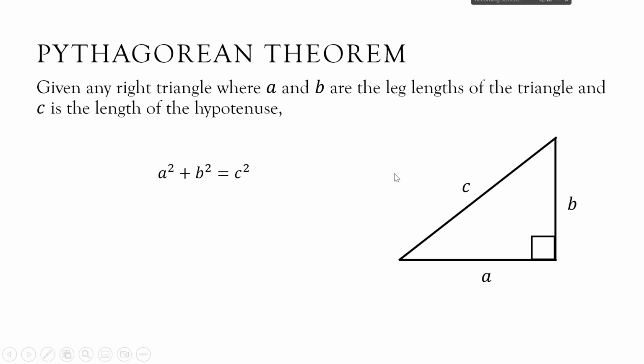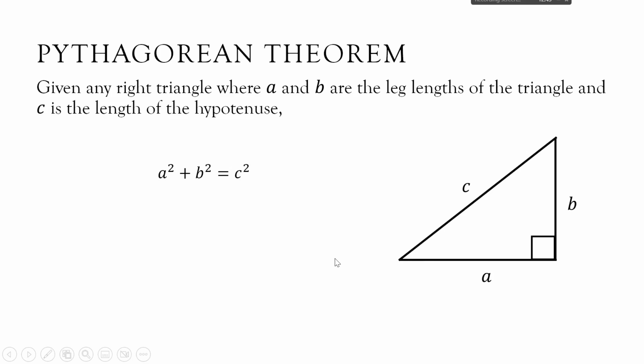This equality should always work out for any right triangle. One small thing I want to note is that my choice of A and B was completely arbitrary, meaning I could have let A be this vertical length and B be this bottom length. The most important thing is that C always has to be the hypotenuse, the longest side here.